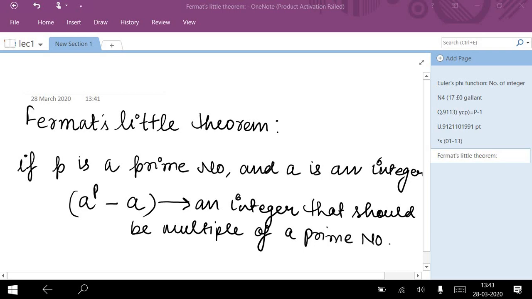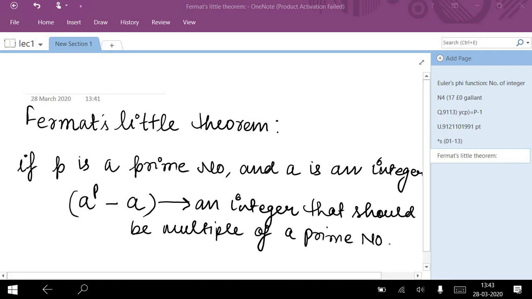Don't worry, I will give you one example. Please don't confuse, just concentrate on my sentence. That is, if p is a prime number and a is an integer, then the equation a to the power p minus a will give you an integer that should be the multiple of a given prime number.